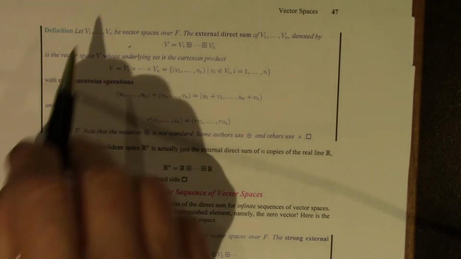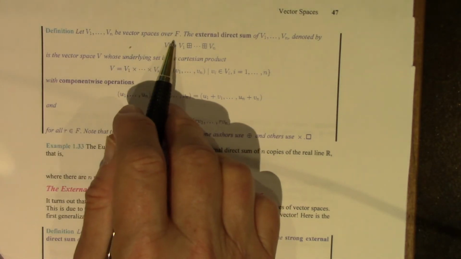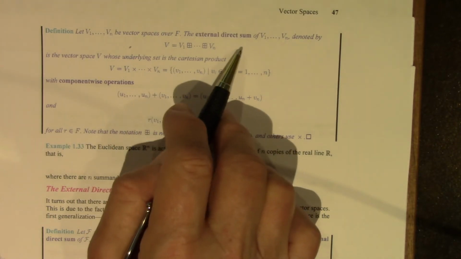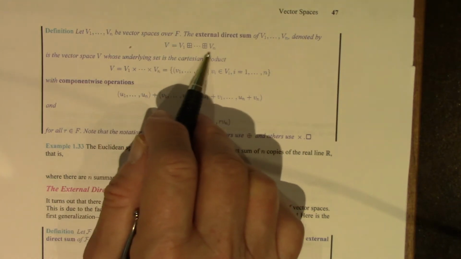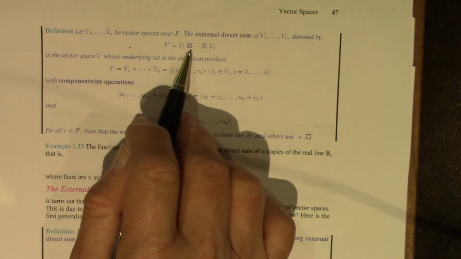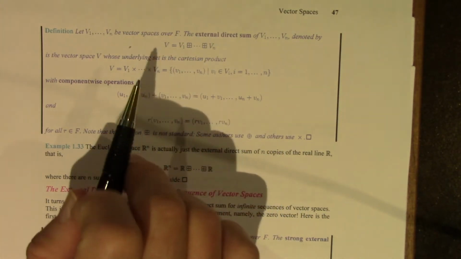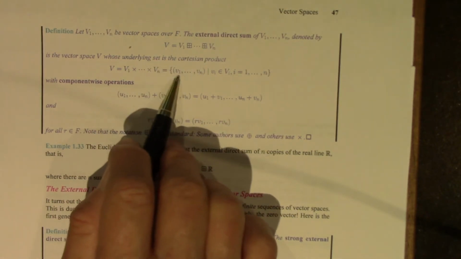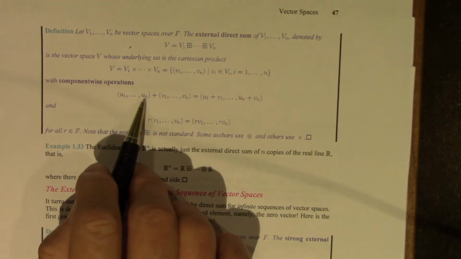Begin with the definition. If V1 through Vn are vector spaces over the same field F, it must be the same field, the external direct sum of these vector spaces, which I will denote this way, and I'll talk about this notation in a minute, is the vector space whose underlying set is the Cartesian product, so it's the set of ordered n-tuples, with component-wise operations.